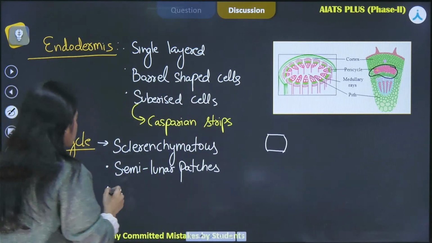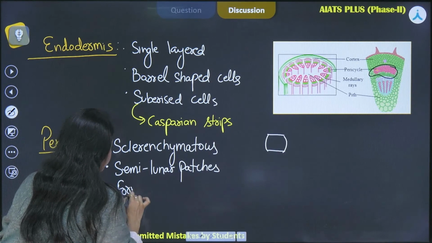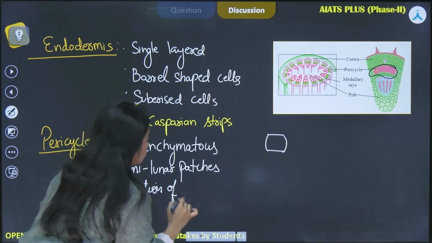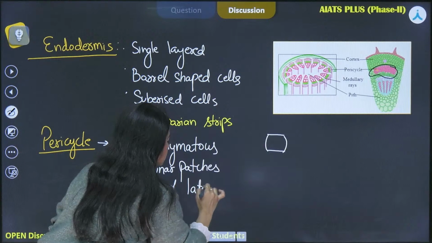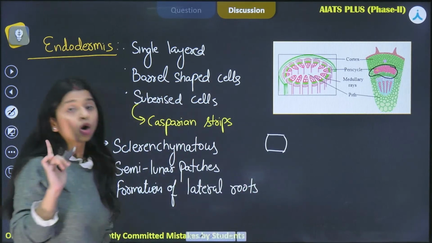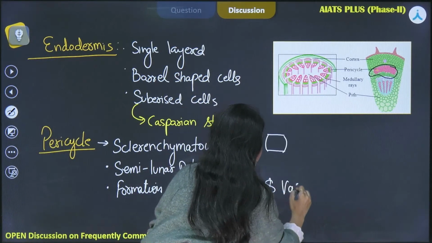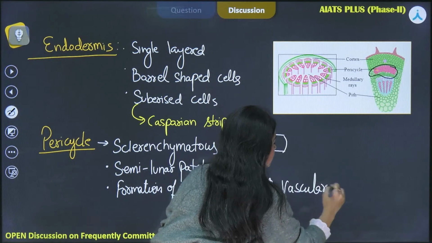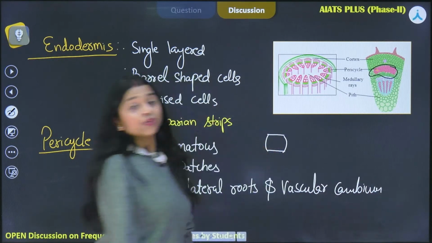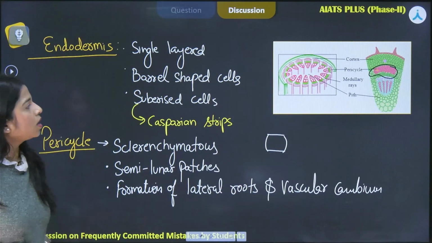So, what is the function? It helps in the formation of lateral roots and also vascular cambium during secondary growth. Clear with this? Now this is pericycle.